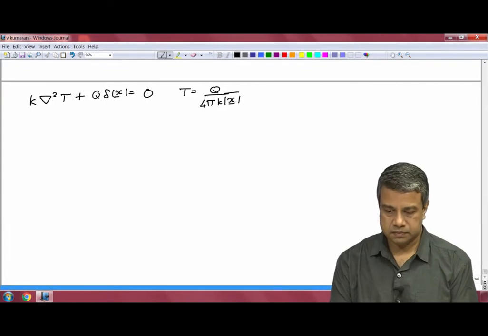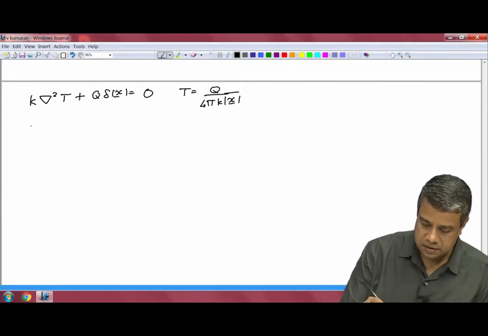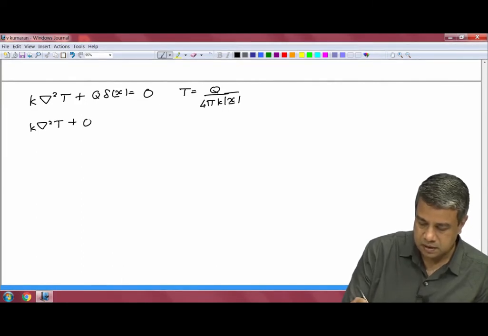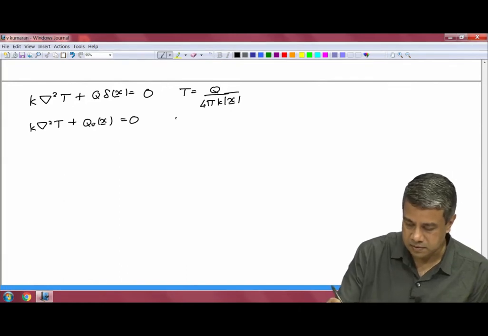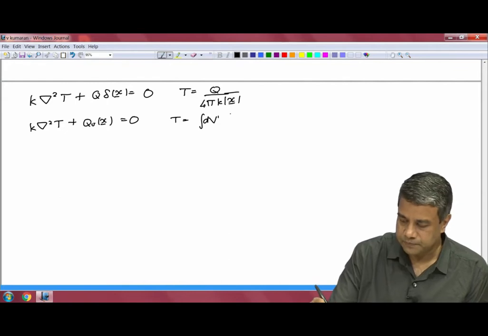And then I had solved k del square T plus q v of x is equal to 0 for the distributed source, T is equal to integral dV prime.